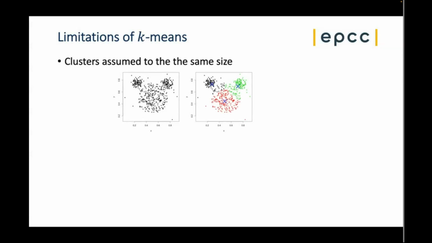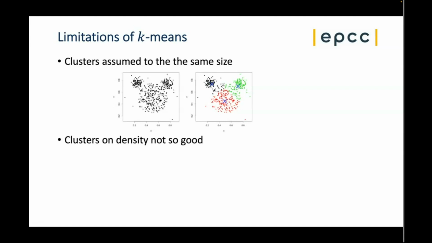But what k-means would do would be come up with something like this. So it would sort of have the same three clusters. It would still find roughly where the cluster centers were, but it would misassign points because it assumes the clusters are of the same size.